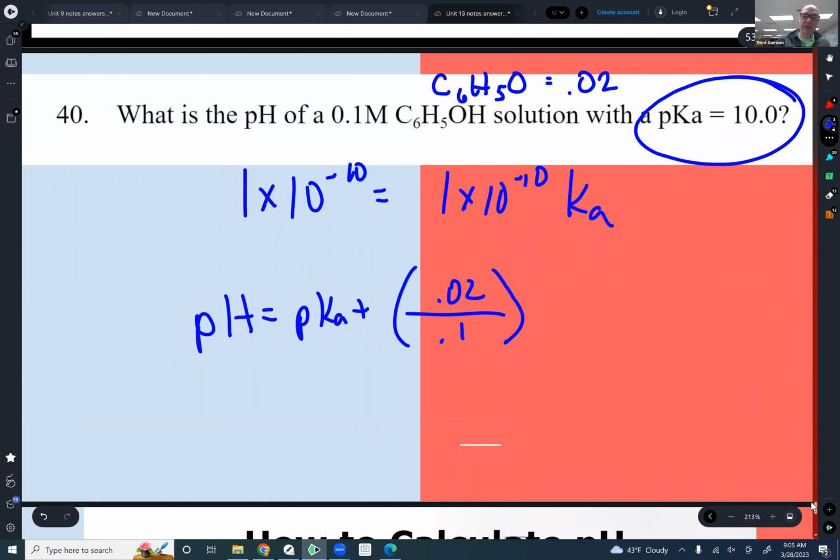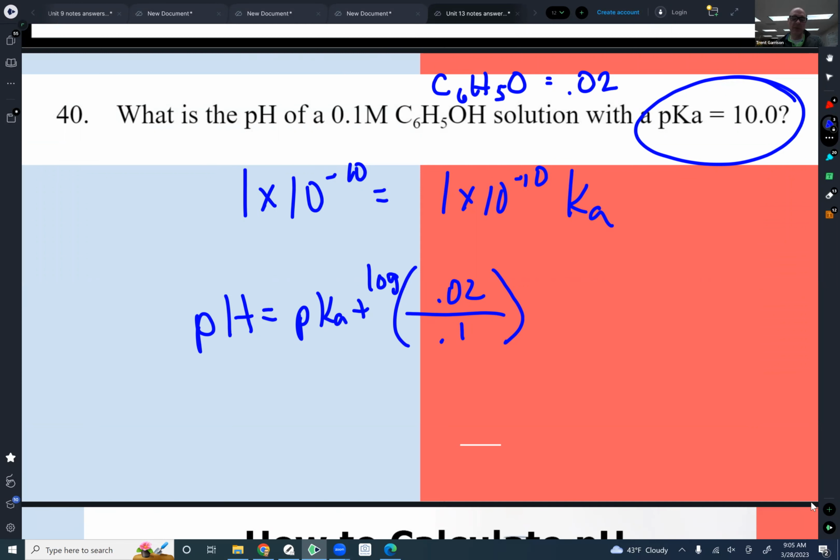So we'll do the log of that. Okay, now this is probably something that we will cover whenever we get to the buffering topic, which is last, but it's being introduced right now. So I will go ahead and just finish this problem. I don't anticipate doing this one in class. Plus my pKa is plus 10. So I've got a 9.3 as my pH. My pH would equal 9.3.